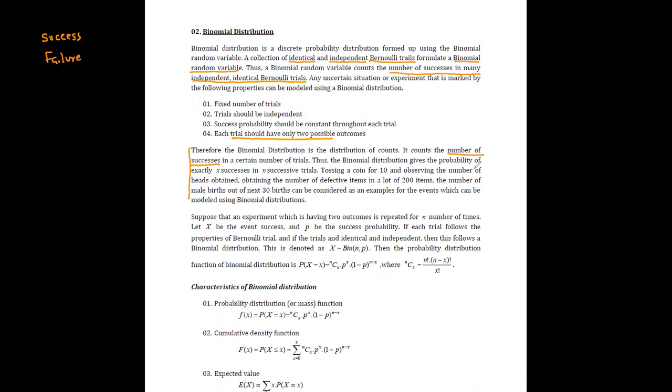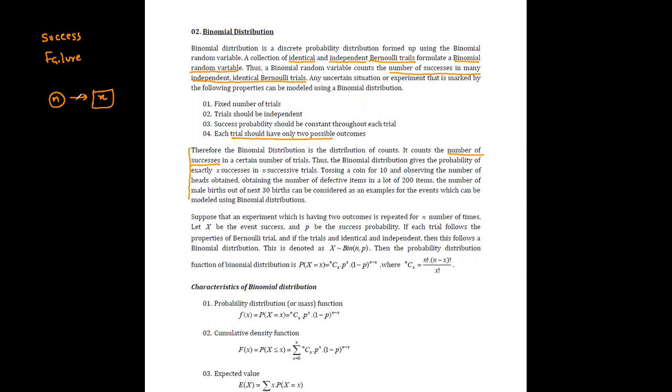Thus, the binomial distribution gives the probability of exactly X successes in N successive trials. Suppose that you are repeating your experiment N times, and you have observed that out of these N trials, X were the number of successes.